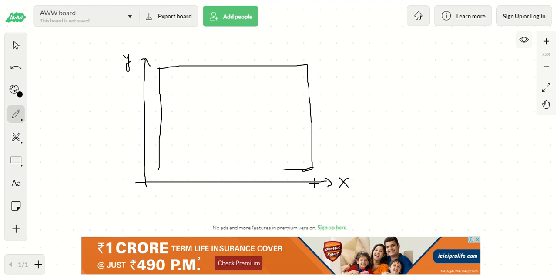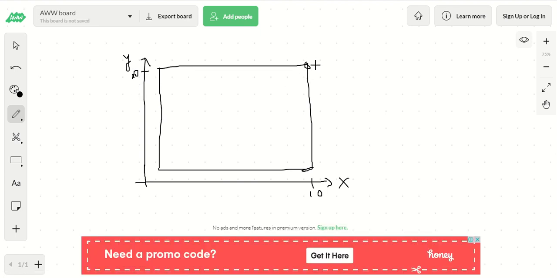Suppose this corner is 10, and this is 10. So obviously this corner of this room has the coordinate 10, 10.